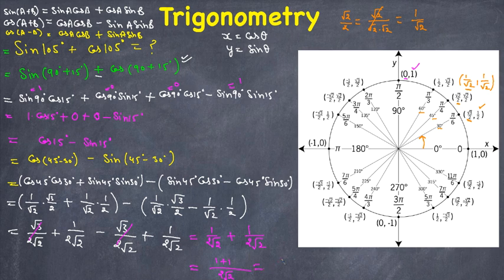So this gives me 2 over 2 square root of 2. So this 2 will cancel this out, and we're left with 1 over square root of 2. So the value of sine 105 degree plus cosine 105 degree is 1 over square root of 2.